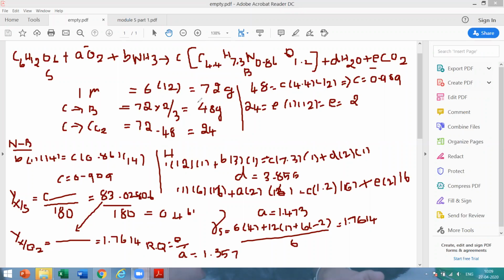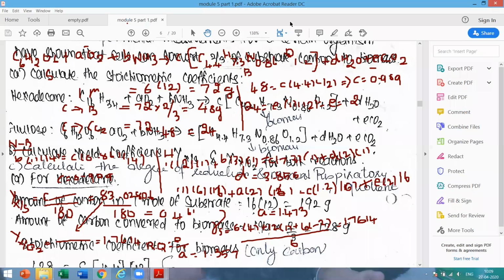Then we equate biomass to the amount of carbon present in biomass and find the first stoichiometric coefficient. Then CO2, then nitrogen balance, hydrogen balance, oxygen balance, the steps remain the same. Then X bar S, X bar O2, and only the degree of reduction you should remember. All the other things are the same. Clear? Yes or no, ma? Clear?